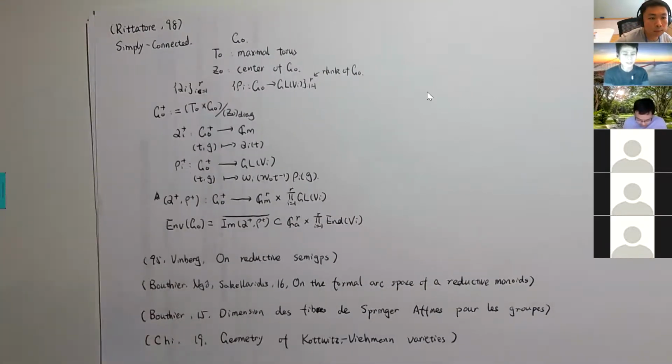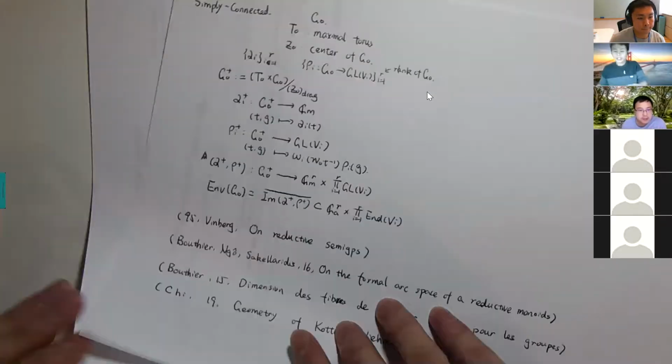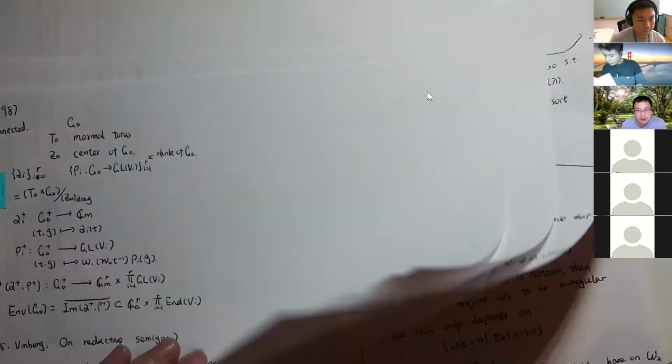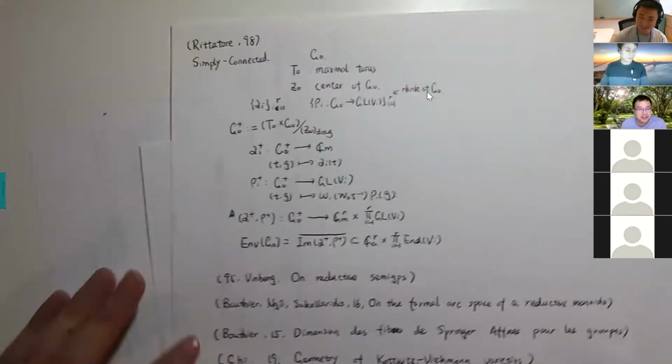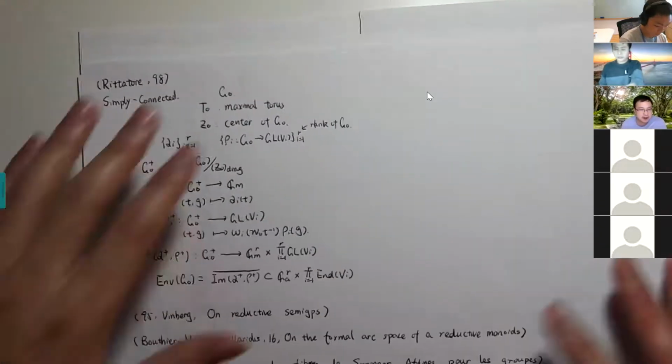Yeah. Okay. So I have one question about your final theorem about the monoid constructed by the perfect submonoid. I mean just the last theorem you're talking about. Okay. So my question is based on your characterization.